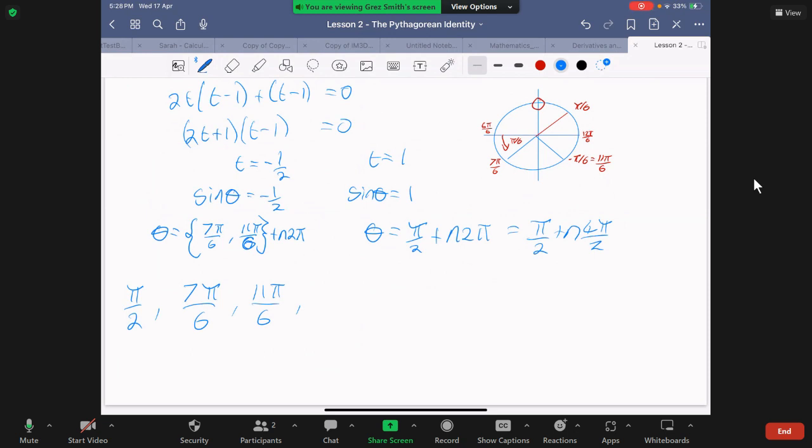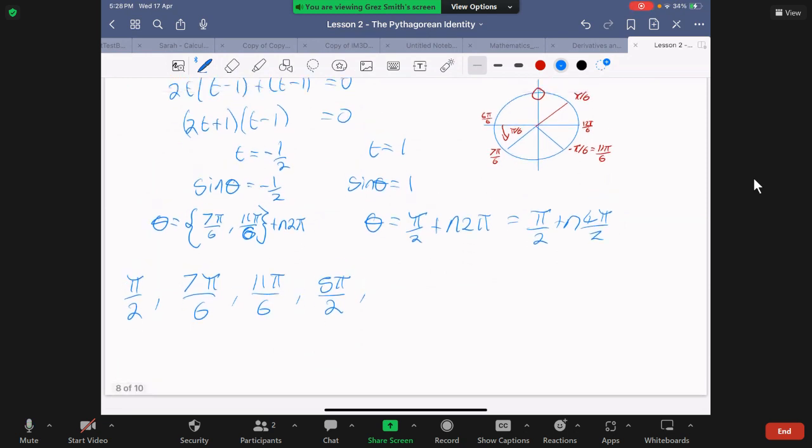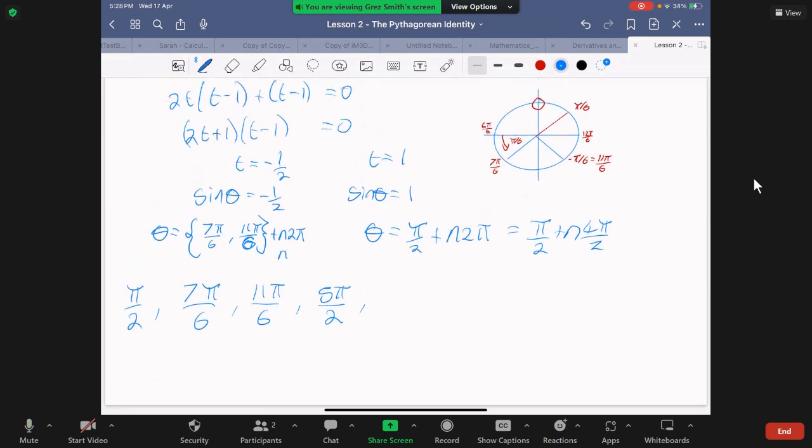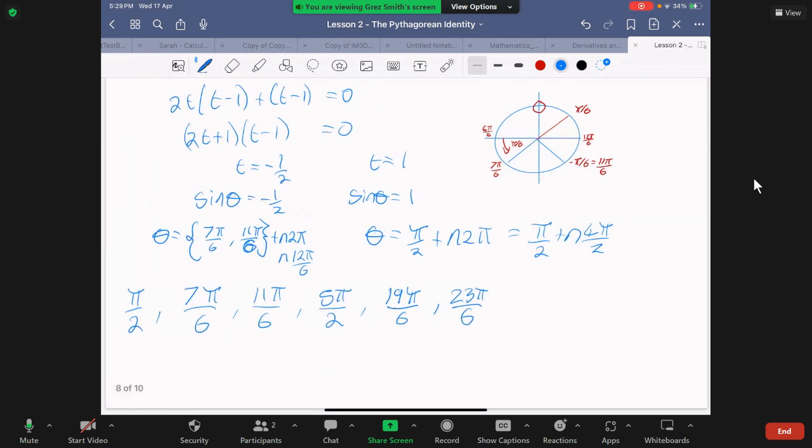So that gives me 5 pi over 2. And on this one, I can write this as 12 pi over 6, so I'm adding 12 to each of these solutions. So 7 plus 12 is 19 pi over 6. 11 plus 12, that's 23 pi over 6. And these are all of my solutions.